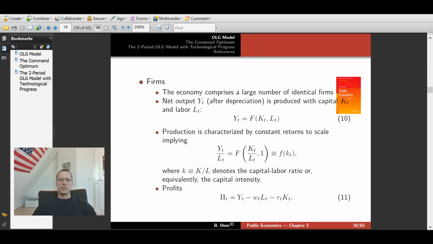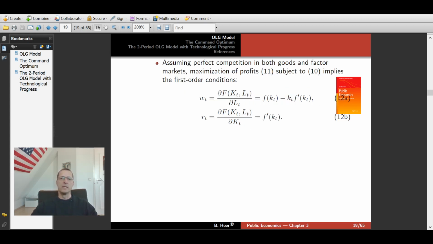Profits are simply production minus wages minus interest. And if we maximize profits pi with respect to labor L and capital K, we derive that the marginal product of labor is equal to the wage and the interest rate is equal to the marginal product of capital. Or in our per capita function, lowercase f, we can derive the right-hand side of equations 12a and 12b.